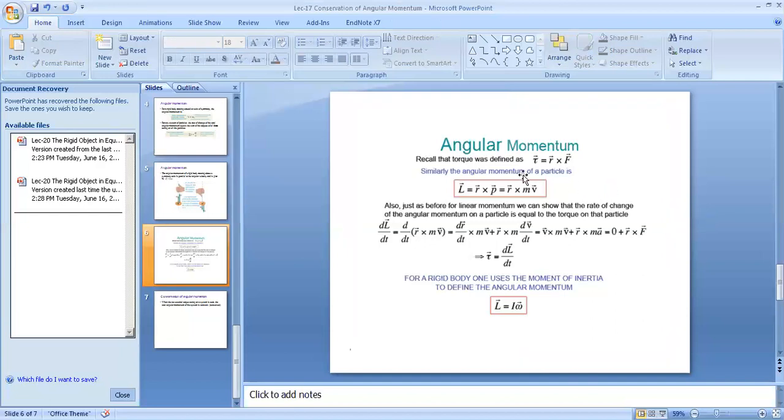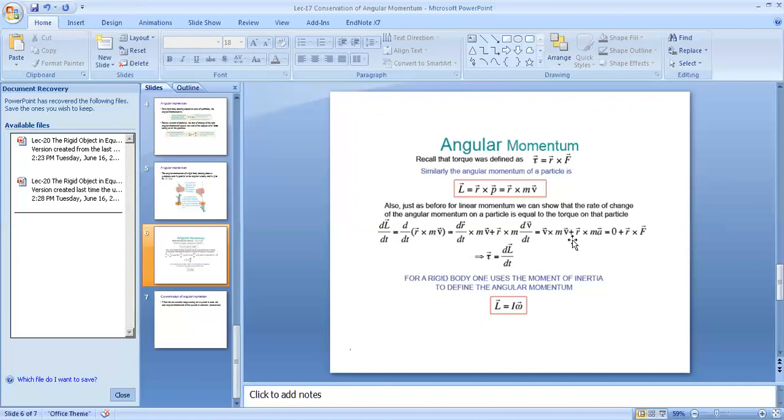Now taking the time derivative of this equation on both sides, we can have dL over dt equal to d over dt of r cross mv, which is dr over dt cross mv plus r cross m dv over dt.